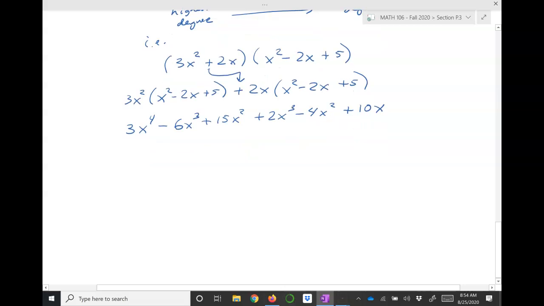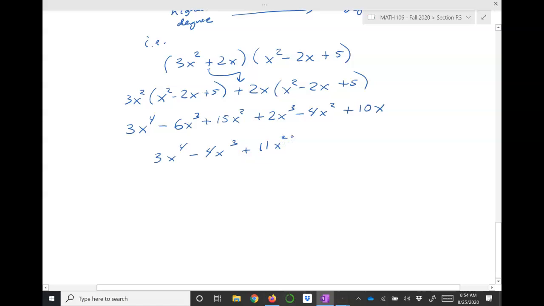So let's look at the x to the 4th. There's only one x to the 4th term, so I leave that one alone. But we do have 2 third-degree monomial terms. We have negative 6x cubed plus 2x cubed, so that just becomes a negative 4x cubed. We have 2 x squared terms, a 15x squared and a minus 4x squared, so that's plus 11x squared.